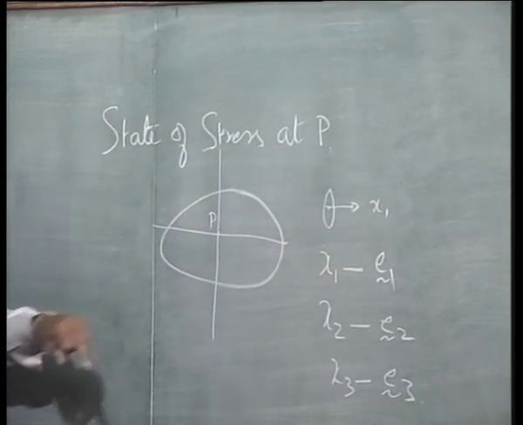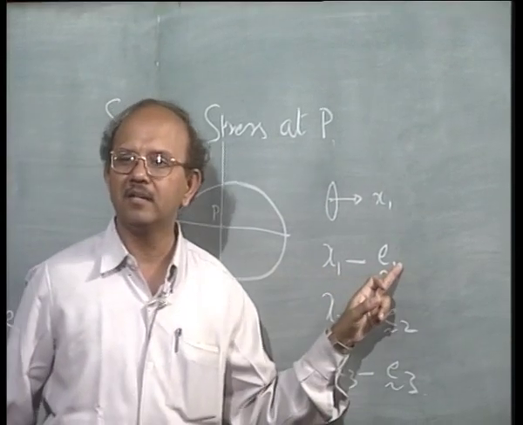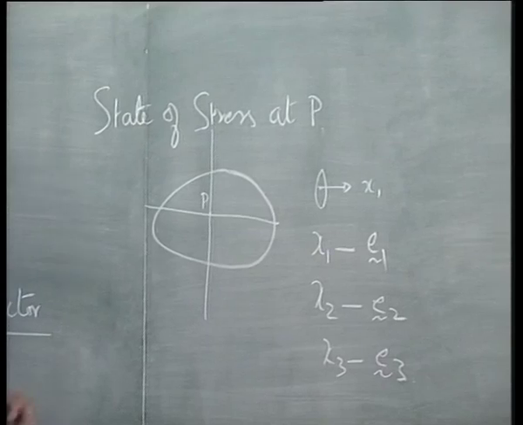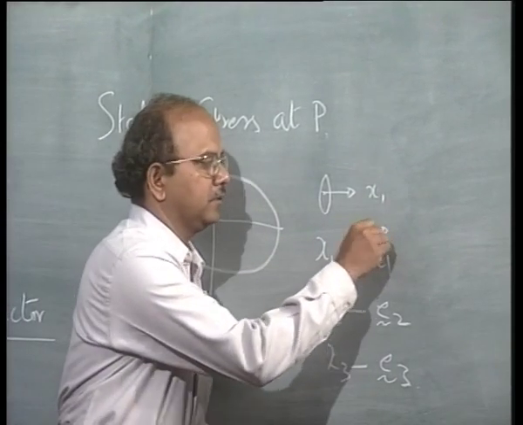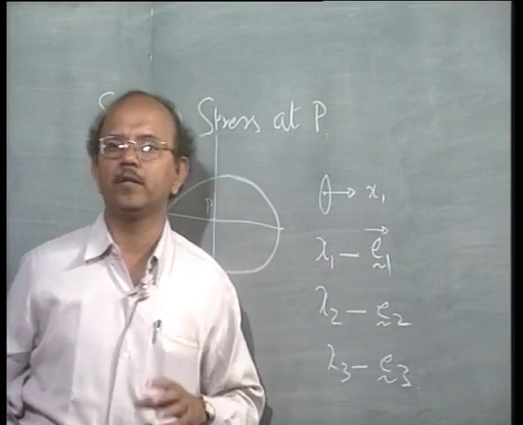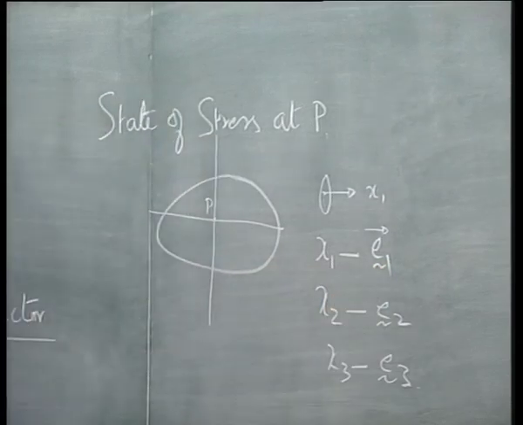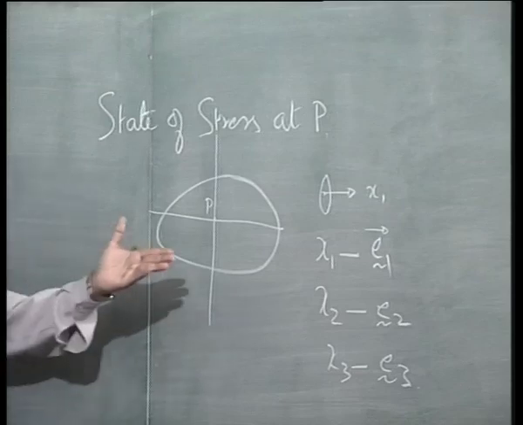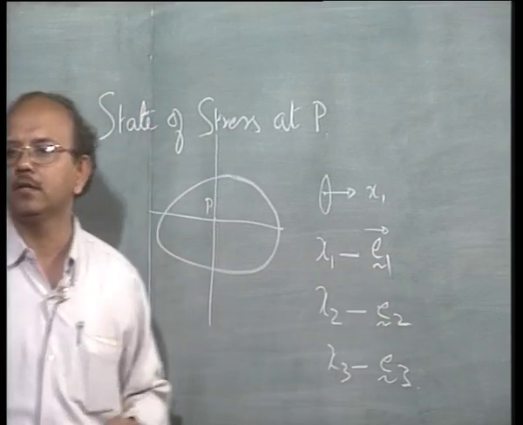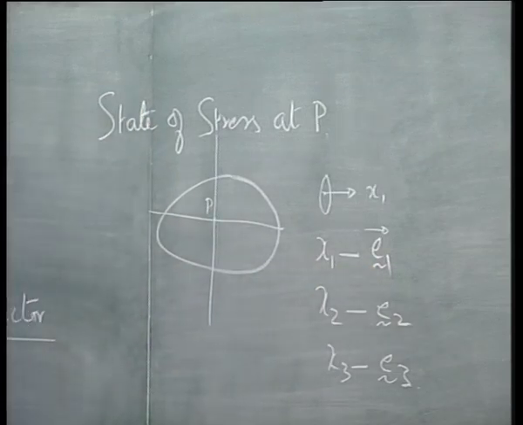Note that I put a squiggle here in order to denote that they are vectors. Okay, people put an arrow at the top like this, or in textbooks you would see that this letter will be written as a bold letter. Now it is not easy for me to write a bold letter here, so I am putting a squiggle at the bottom to denote that they are vectors. e1, e2, e3.